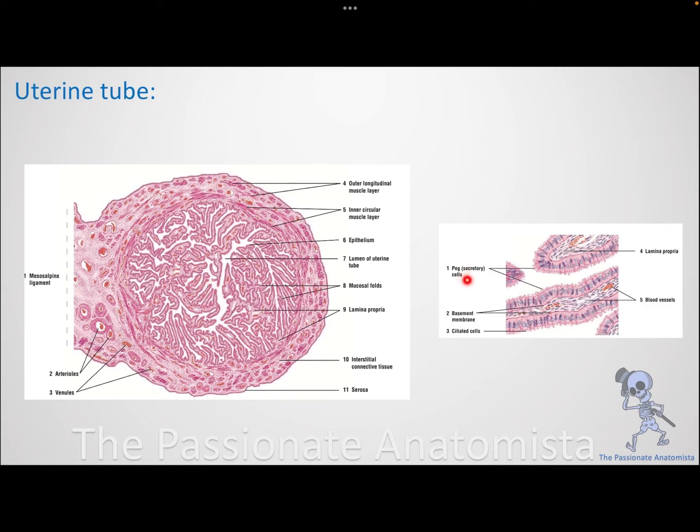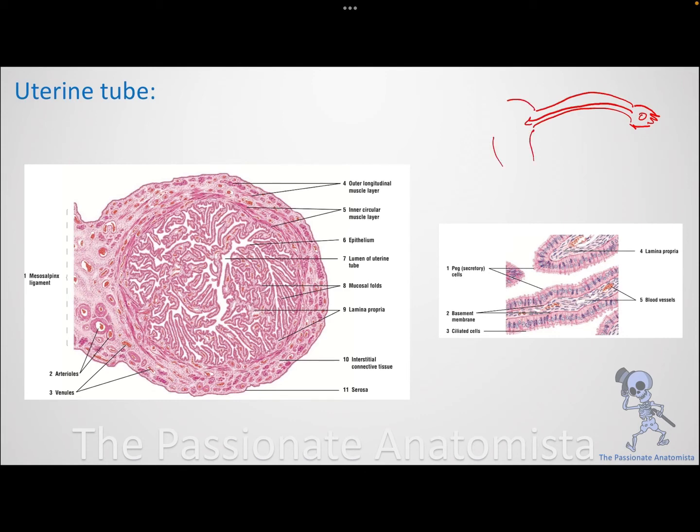All right, so I need to have these cells to secrete this mucus in the tubes. Why do I have ciliated? Because I need to help in pushing the oocyte in the tubes, all right, all the way from the end of the tube to the uterus. All right, so this is why I have that.